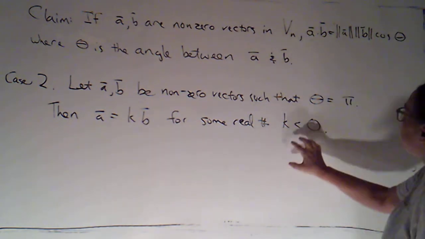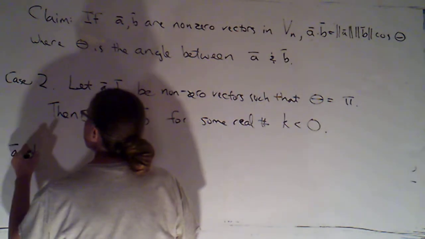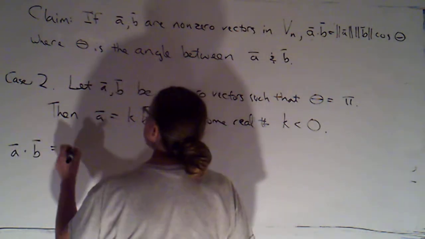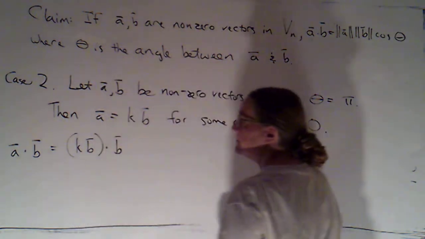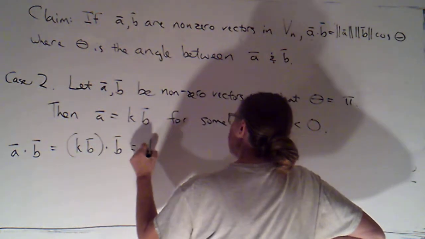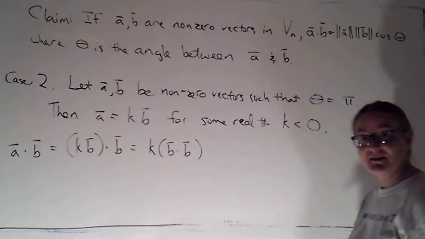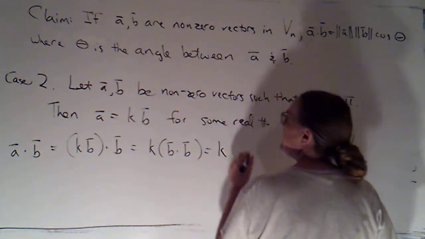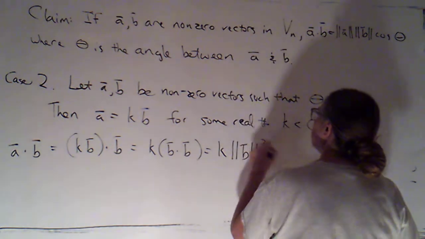Okay, so I'm going to just simplify the two sides again. So A dotted with B is simply going to be KB dotted with B, which is going to be K times B dotted with B. That was one of our properties of the dot product, which is going to be K times the magnitude of B squared.